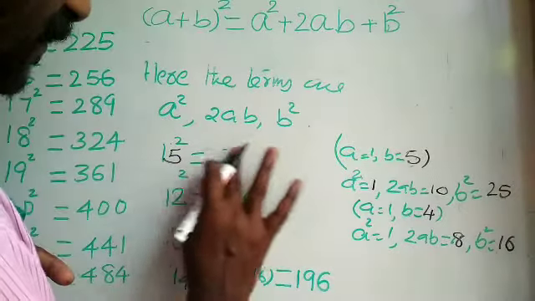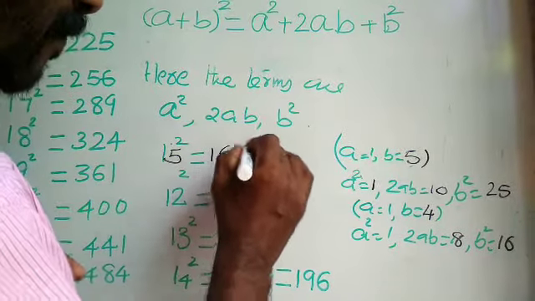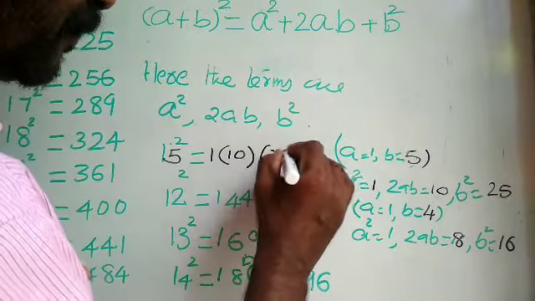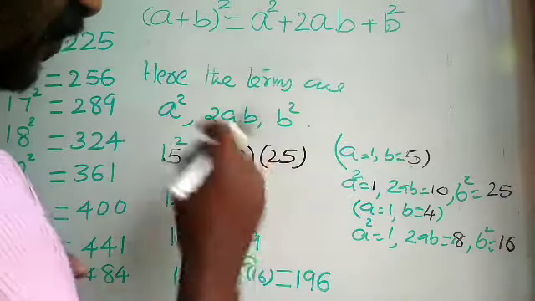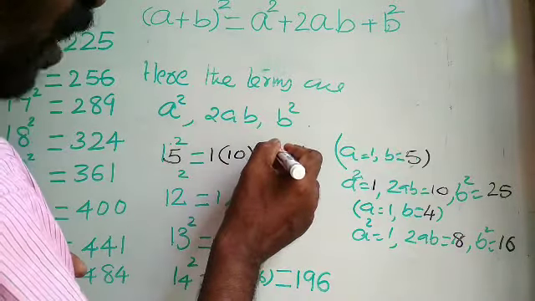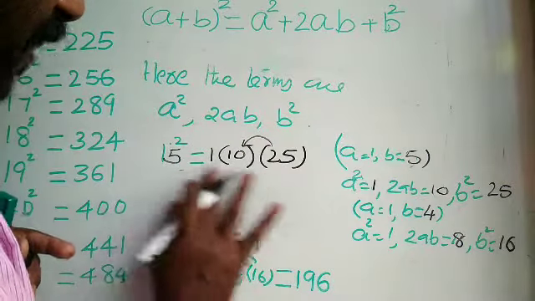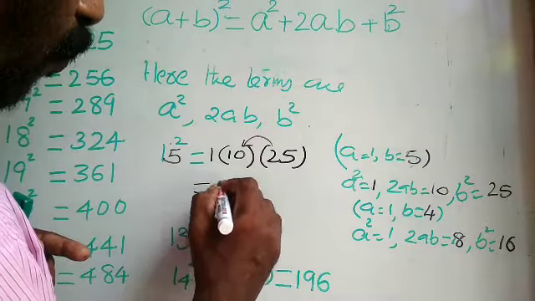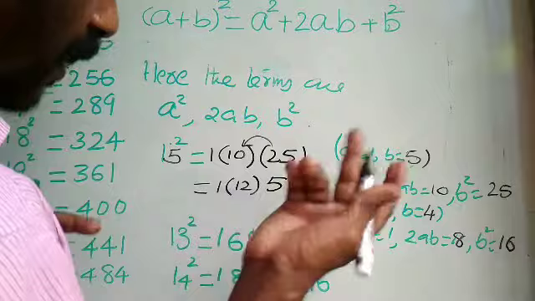I write it as it is: 1, 10, then 25. We have to reduce these brackets to single digit. So I am taking this 1 to 10. Then this becomes 1, 12, 5.